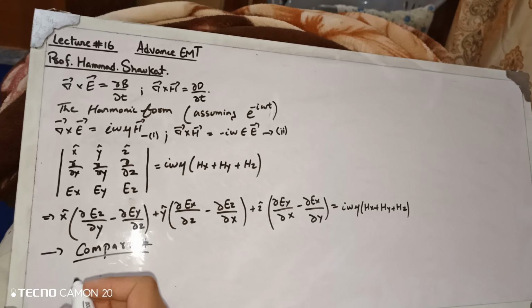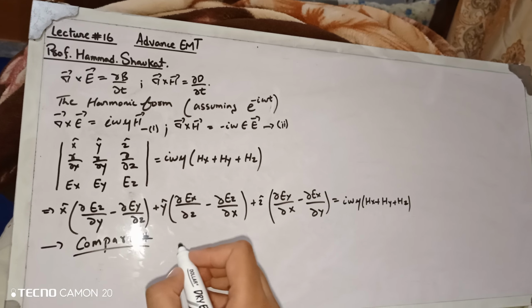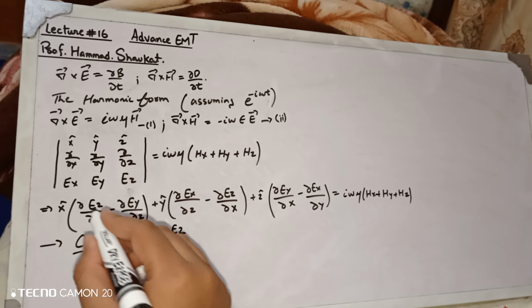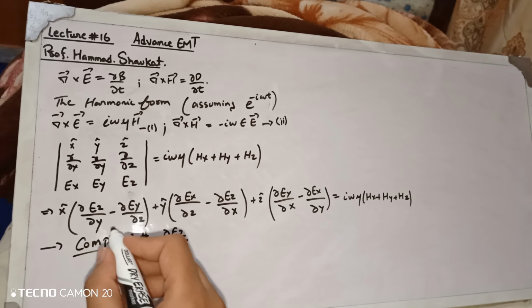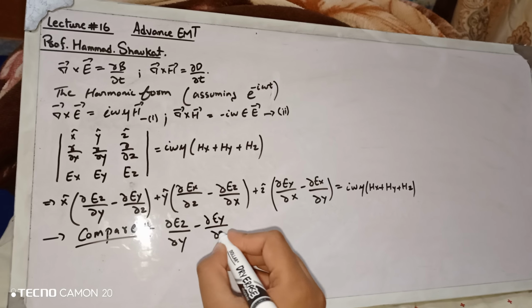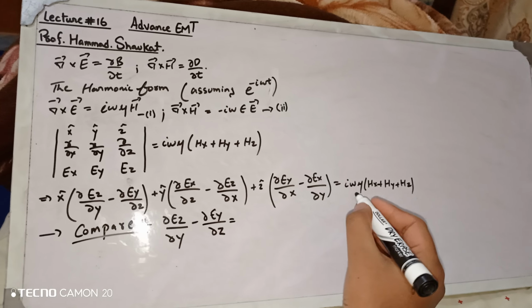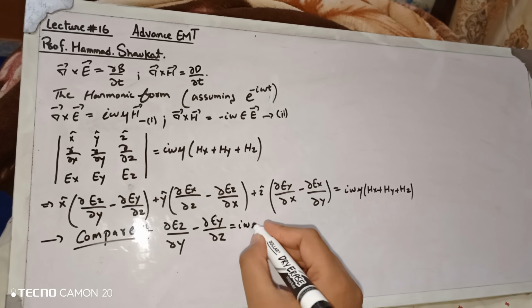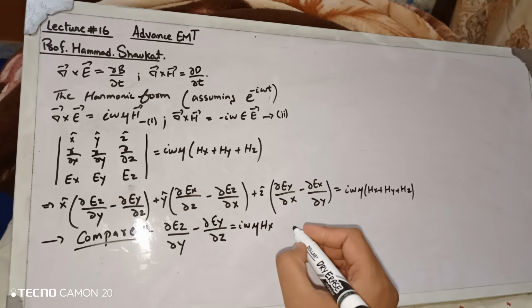So after comparing, your equations can be written as: partial Ez divided by partial y minus partial Ey divided by partial z equals iota omega mu Hx.